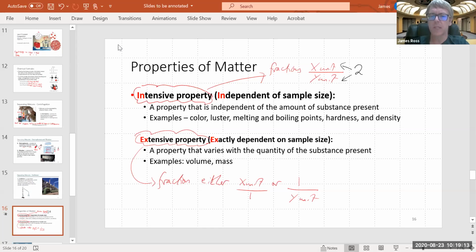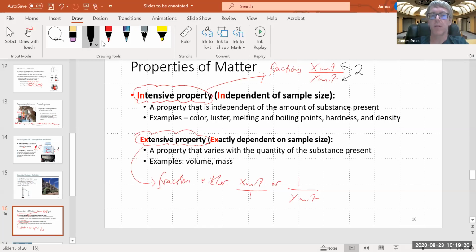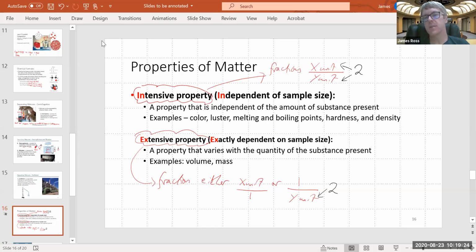So when you scale, it doesn't cancel out. If I were to double this object, it only applies to where the unit is. It wouldn't apply to the number 1, so it wouldn't cancel out. Therefore, extensive properties exactly depend on the sample size. Okay, so that's probably good enough for that slide.